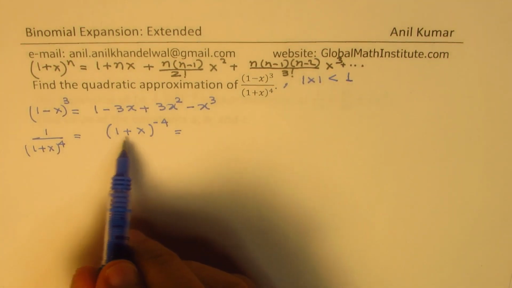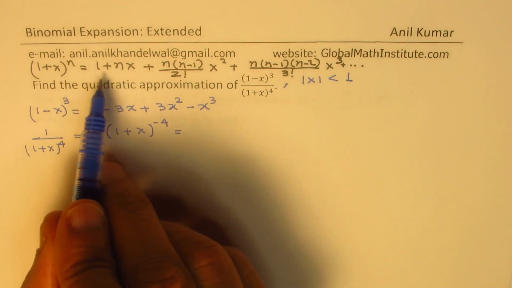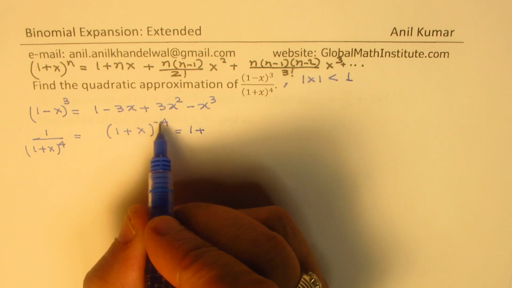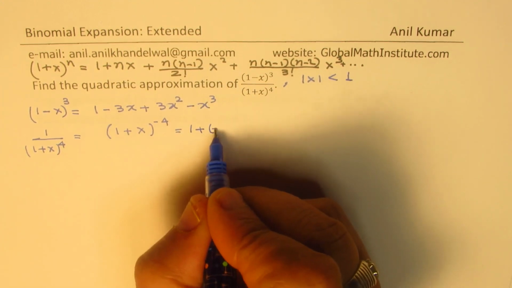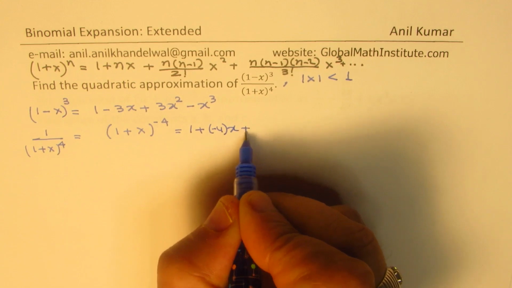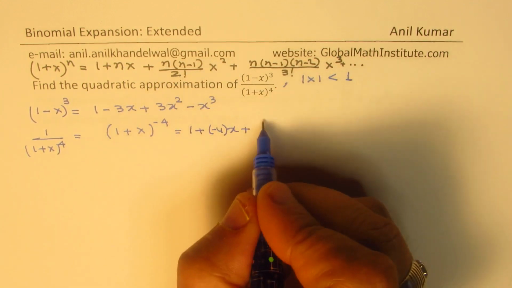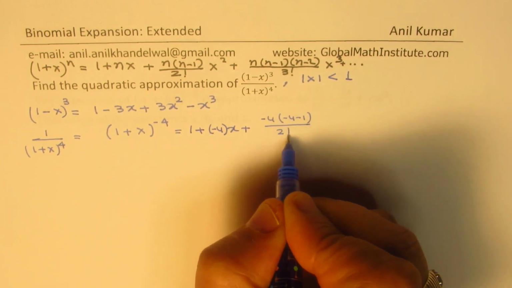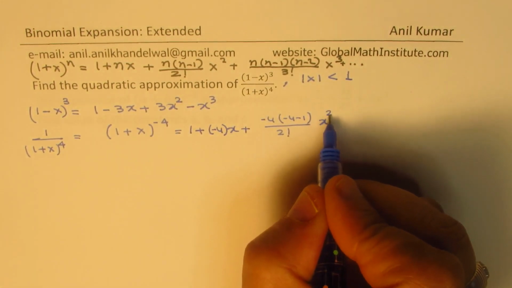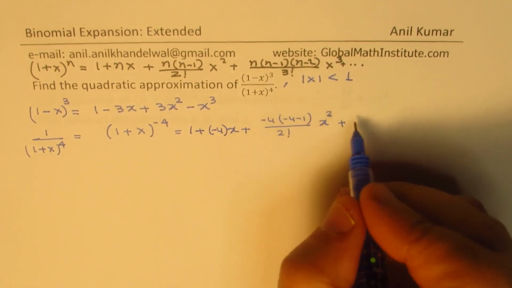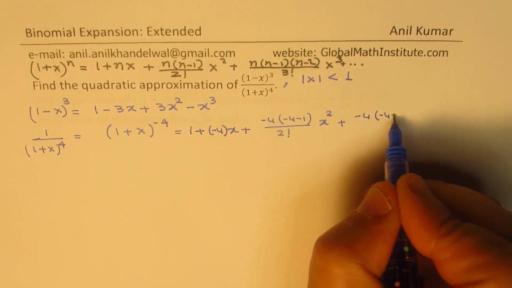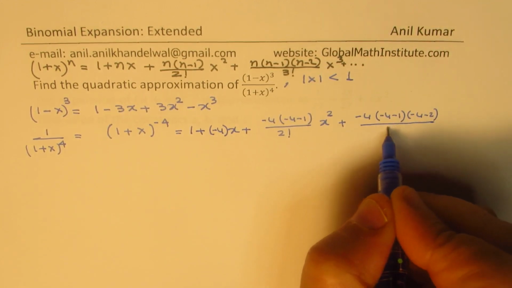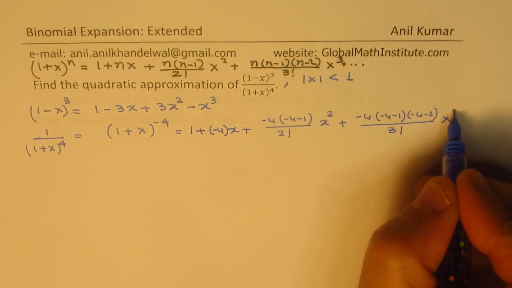So let's see. (1 + x)^(-4). Using this expansion of the series, we can write this as 1 + n x, where n is minus 4 this time. So we get -4x plus, substituting minus 4 here, (-4)(-4 - 1)/2! x^2 plus (-4)(-4 - 1)(-4 - 2)/3! x^3.